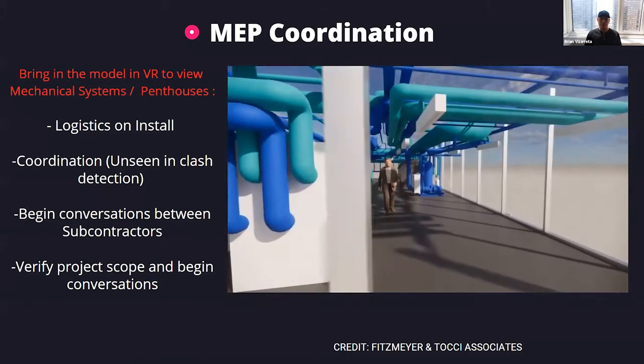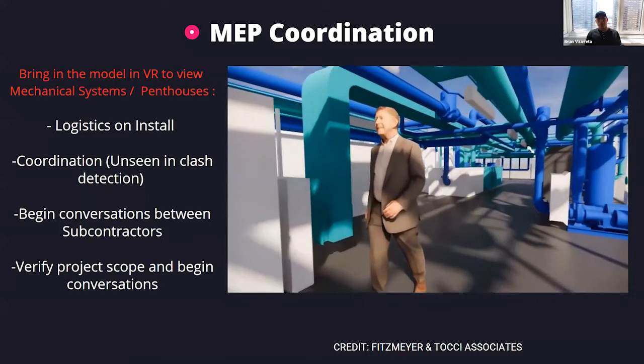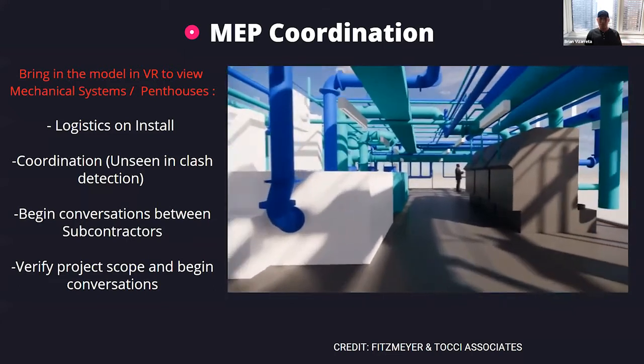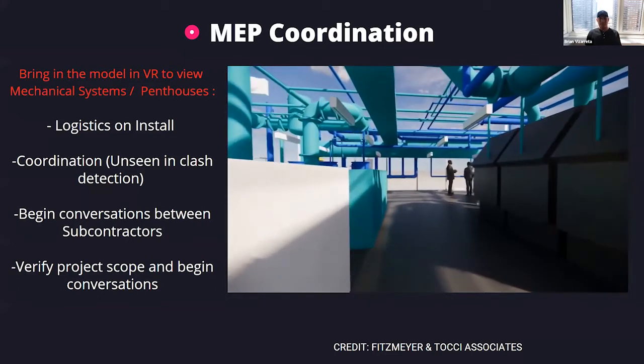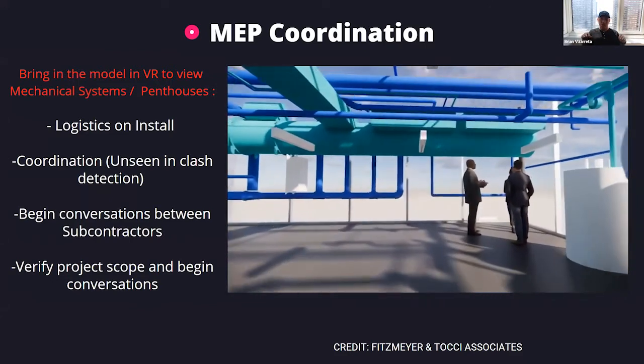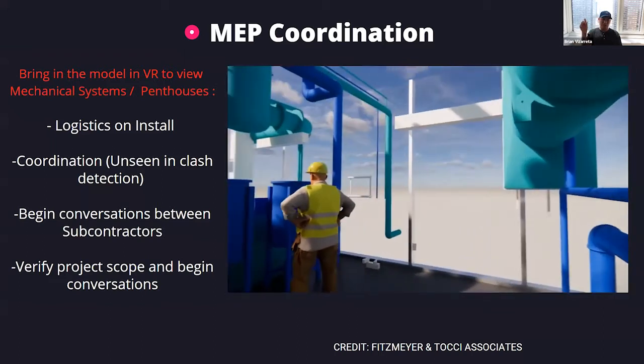reality for. Also coordination. So the way clash detection works, for those not from the VDC world or BIM side, is two model elements in a coordination software clash. That triggers a clash detection.